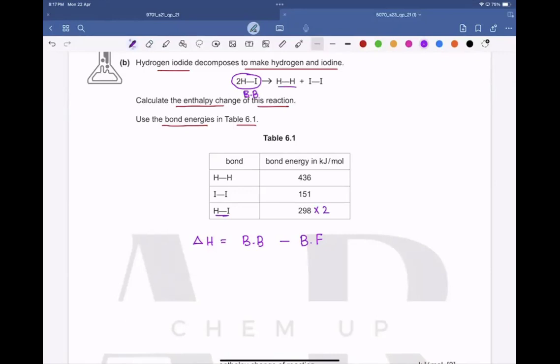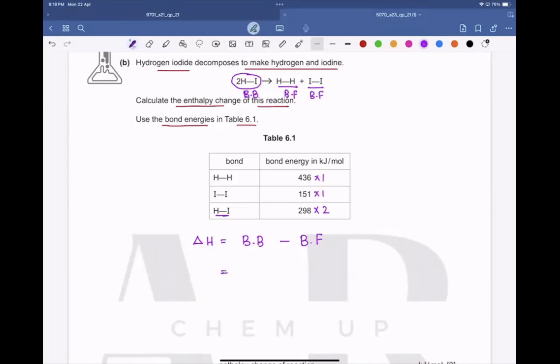There is 1 mole of hydrogen bond and 1 mole of iodine bond. These are the bonds which are formed, because these are the bonds on the product side. They have 1 mole each, so we keep it times 1 only. It's better to draw the diagram with a pencil.